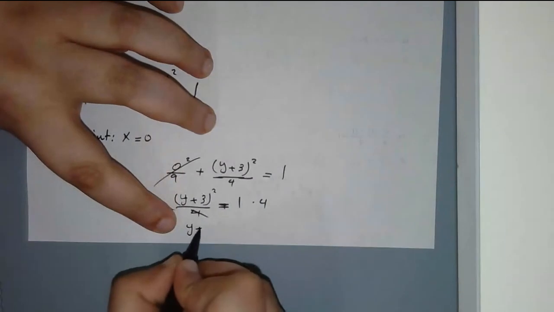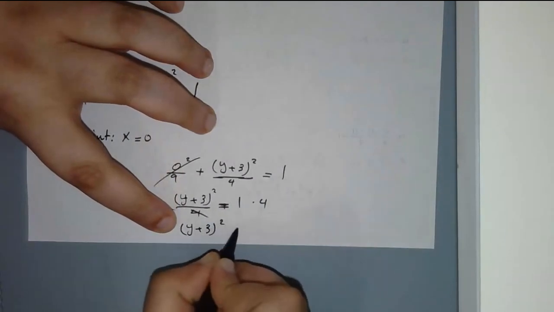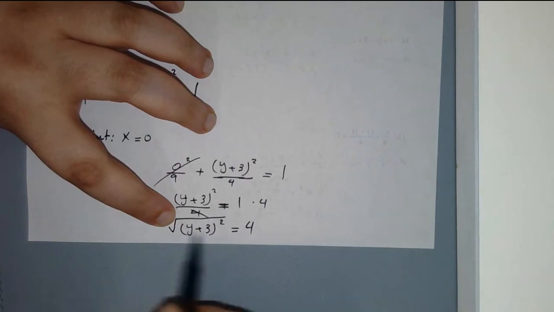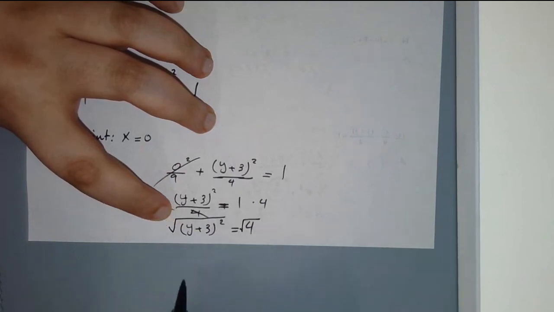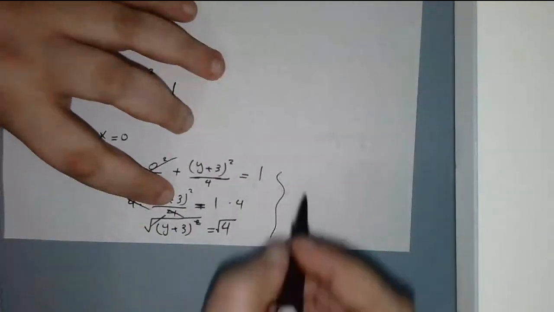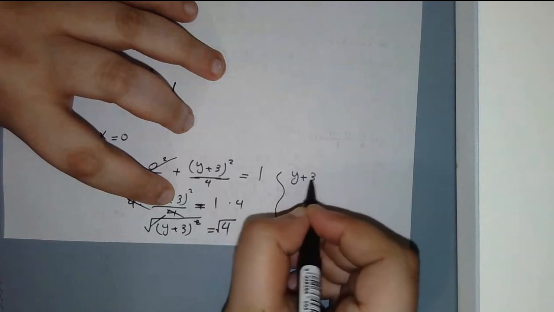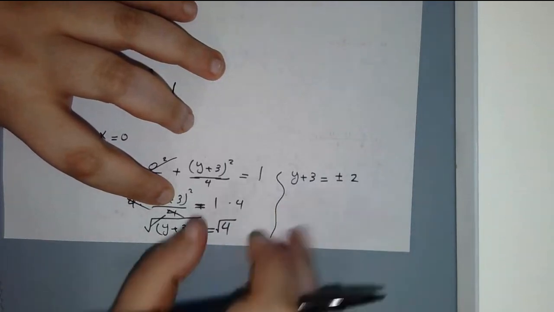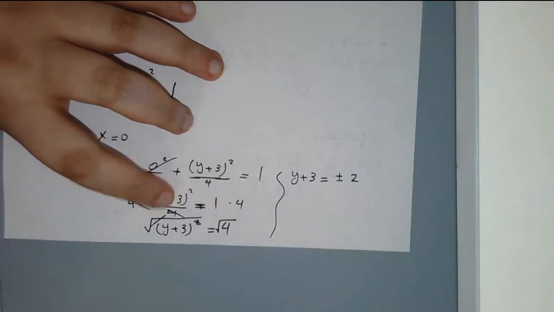So you have y plus 3 squared equals 4. Now I take the root. The square and the root cancel. And you get what? y plus 3 equals positive and negative 2, because that's the square root of 4.